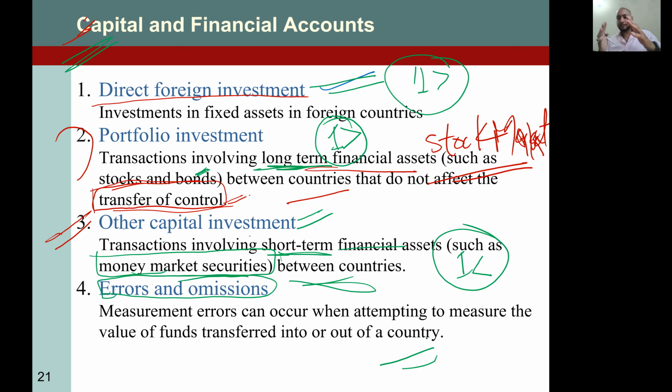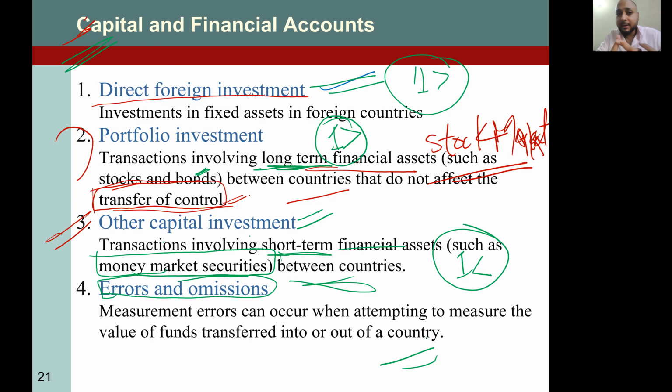Now, question is, we talked about how any kind of transaction between one country and another is going to be recorded either into the current account or into the capital account. In the current account, we talk about sales and purchases, income factors like receiving dividends or paying interest, and third, aid, transfers, gifts, this kind of stuff, right?